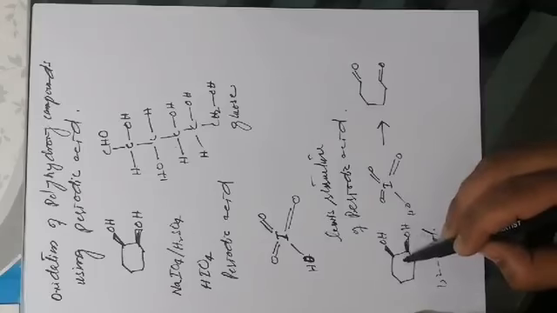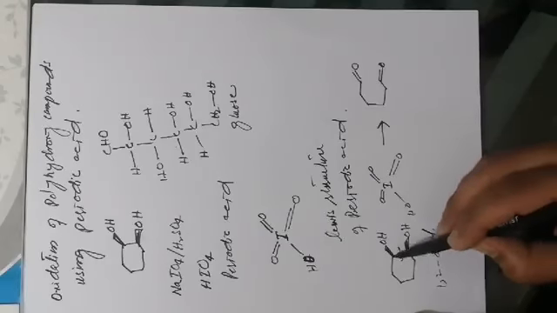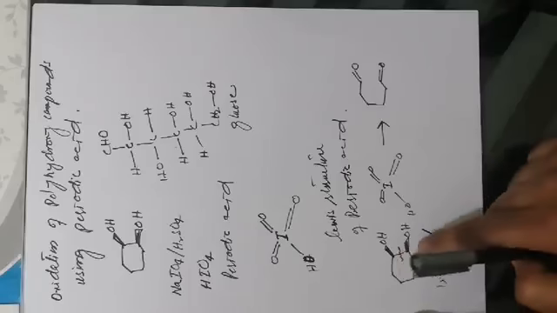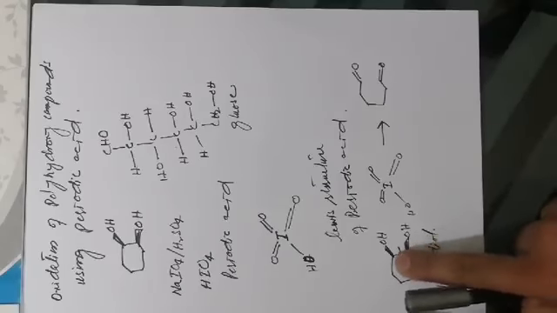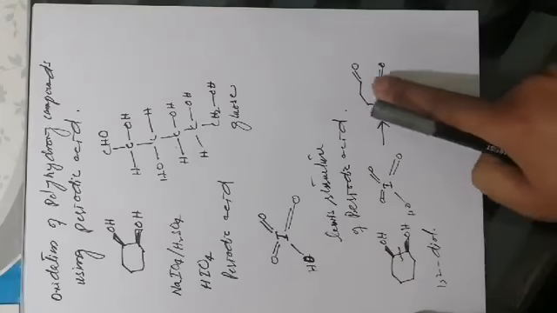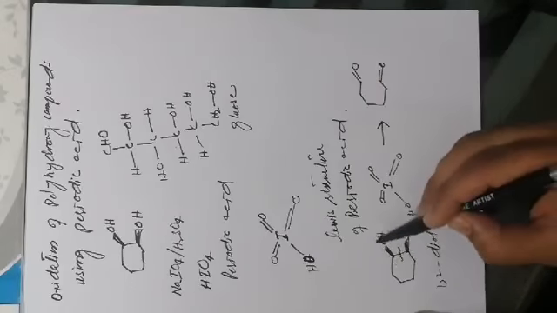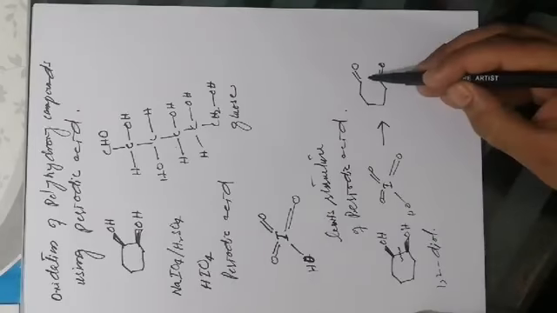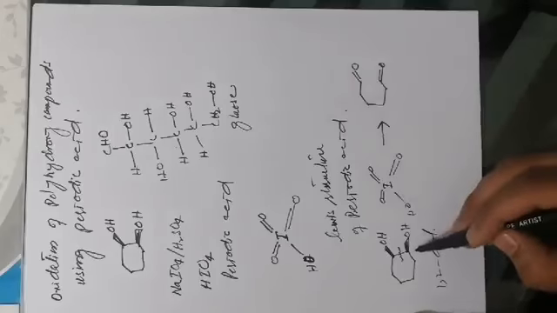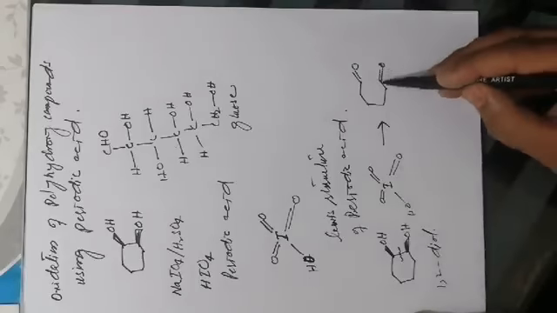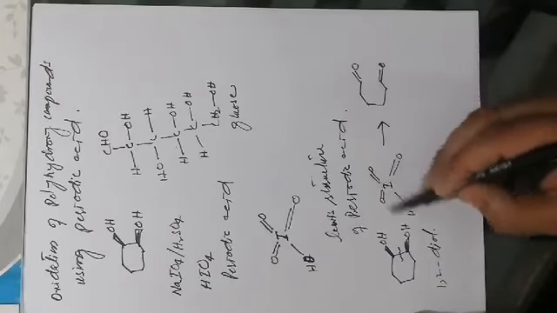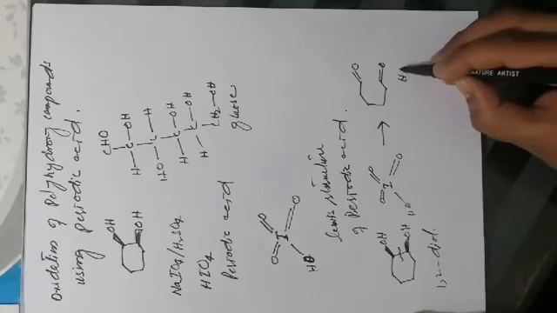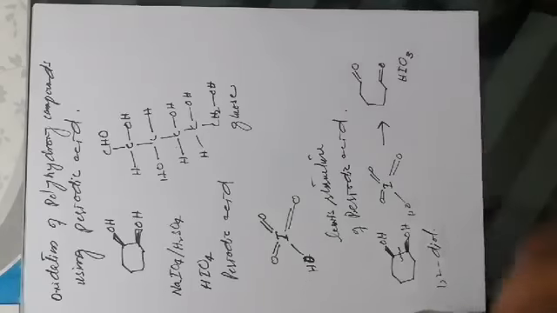Here, actually, the cleavage of the carbon-carbon bond occurs, and each carbon changes into a formyl group. Here you see that alcoholic group has now changed into a carbonyl group. Here also it has changed into a carbonyl group, and periodic acid changes into iodic acid.